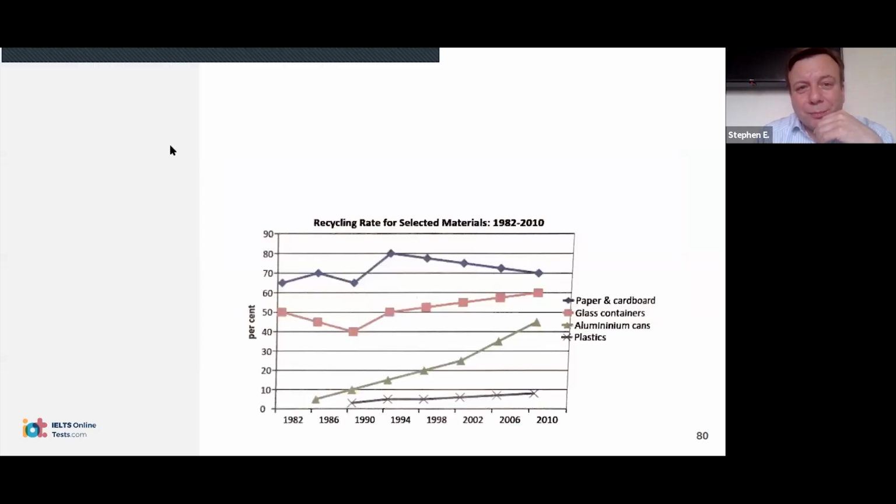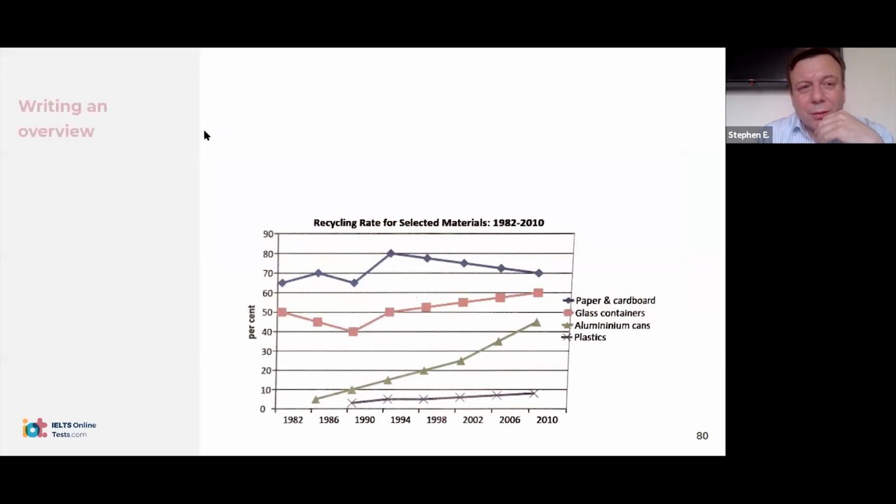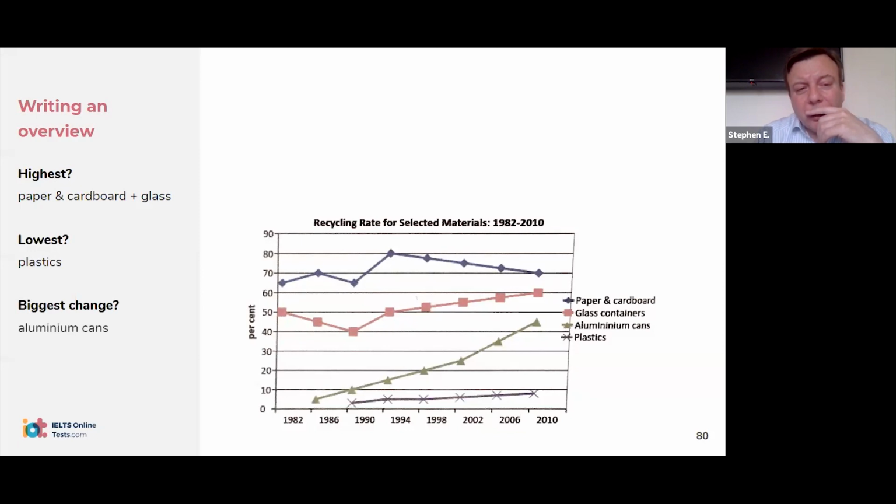So let's have a look. So when we're writing an overview, we could possibly put in the highest. So we've got paper and cardboard plus glass. So what's the lowest? The biggest change. Okay, yeah.